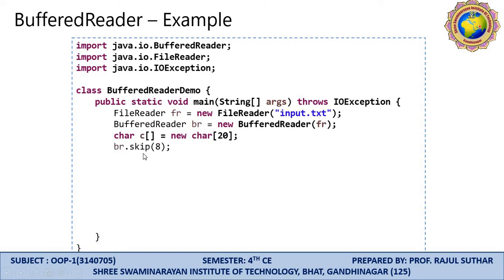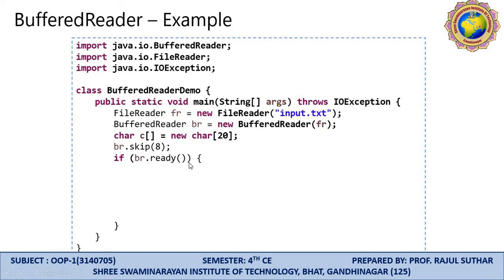br.skip(8). This is the total number of characters, 20. If we are not using the total characters, br.skip(8) means the buffer will skip 8 characters.